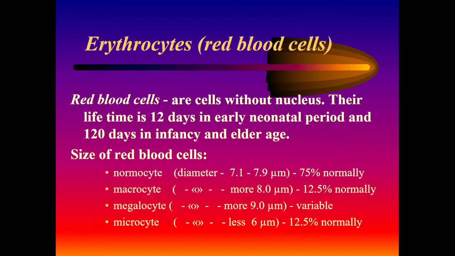Megalocytes are more than 9.0 micrometers in diameter, and microcytes less than 6 micrometers, also present normally among our red blood cell components.